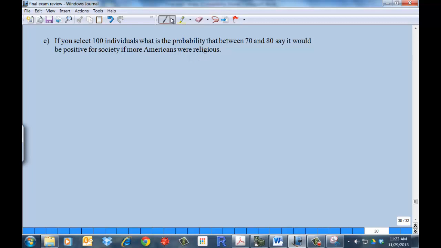So the first thing, again, you want to do is describe the distribution of p hat. Okay, so mu p hat is equal to 0.75. That's what it was before. Haven't changed that.